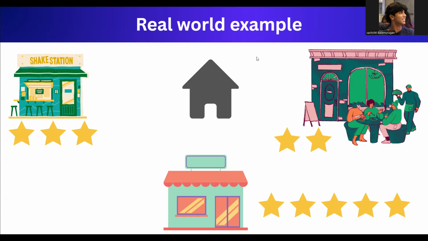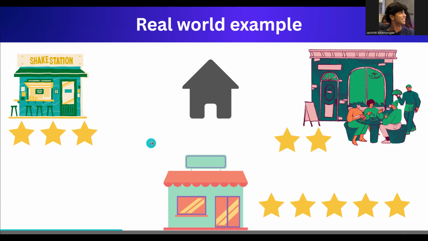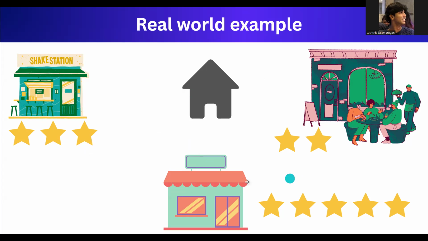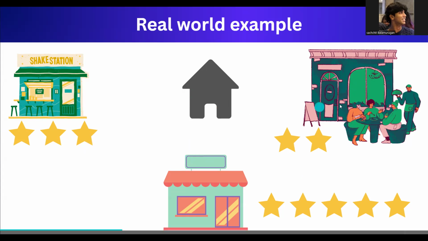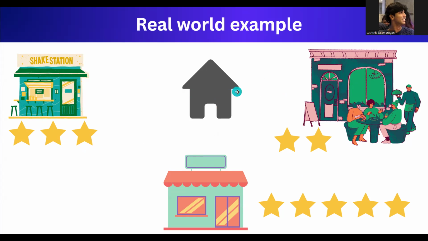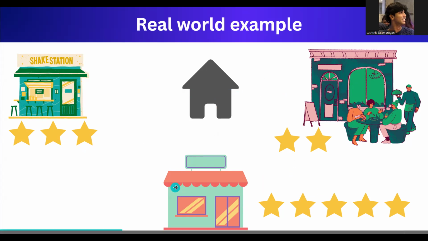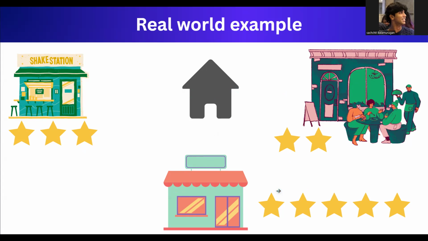So let's take a real world example here. Right over here, we have our home. And right next to our home, we have 3 nearby restaurants, okay? And each restaurant has a different rating. Let's say the lowest rating restaurant is the closest, but the highest rating restaurant is the furthest away.